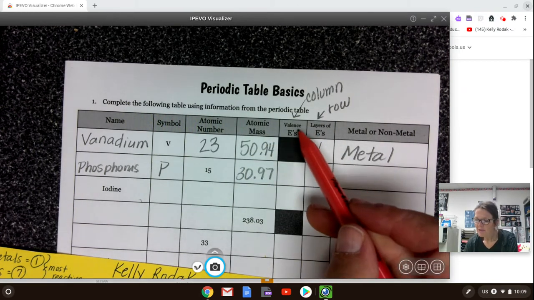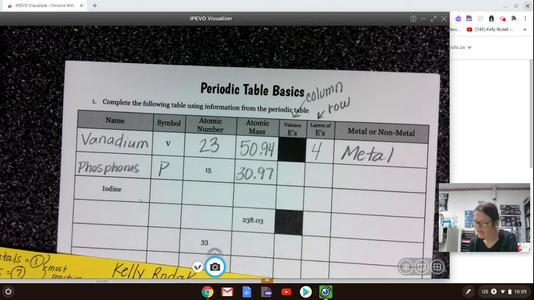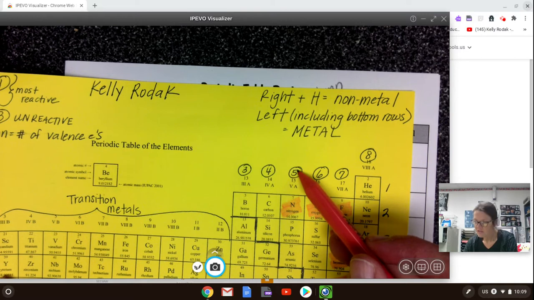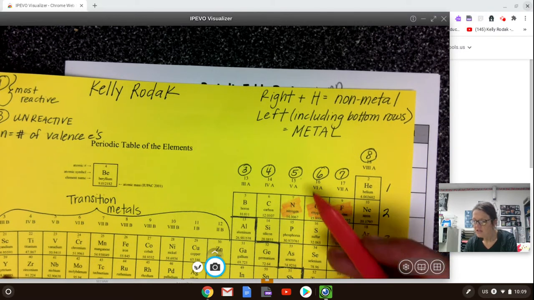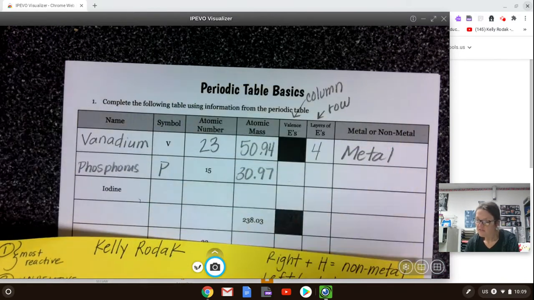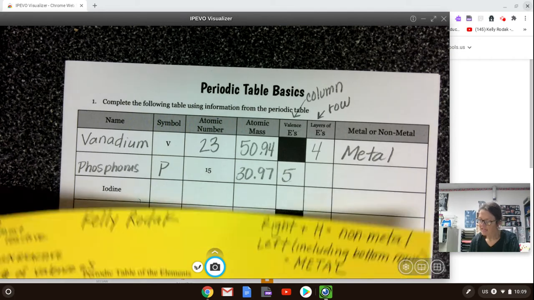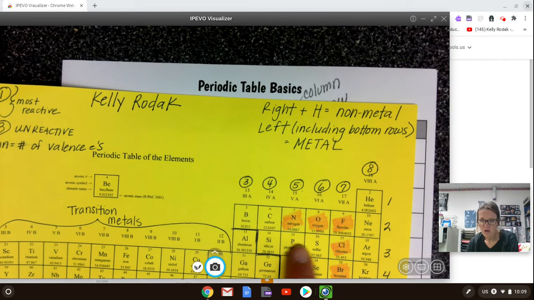Then we want to know how many valence electrons phosphorus has. In other words, how many electrons does it have in its outermost layer? So as we can see here, phosphorus is located in the 5th column, right? So therefore, phosphorus has 5 valence electrons. And it's located in the third row, right?